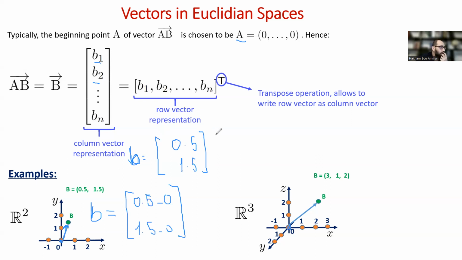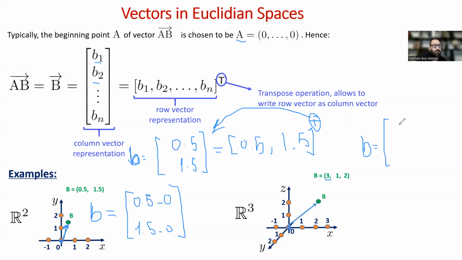Then I can use the bold lowercase notation in order to define that vector b. Notice that this is a column vector, but I can equivalently write it as a row vector, and I would say I would like to transpose that row vector. That transpose operation allows me to make the row a column or make the column a row. Now I can do similarly in 3 dimensions. My vector b would be the first component 3 minus the first component of my beginning point, which is 0 in our case.